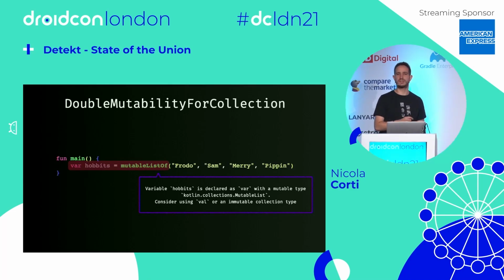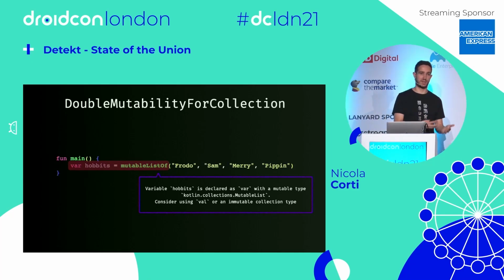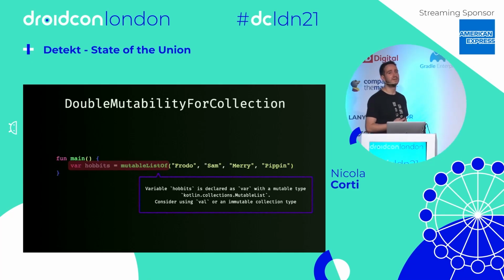How many times do you read articles on Medium telling you, hey, you should not do this, you should not do that. But then in reality, when you write your code, you find thousands of occurrences of that pattern that you wanted to avoid. Detekt is there helping you write cleaner code and follow the pattern that you want to follow.